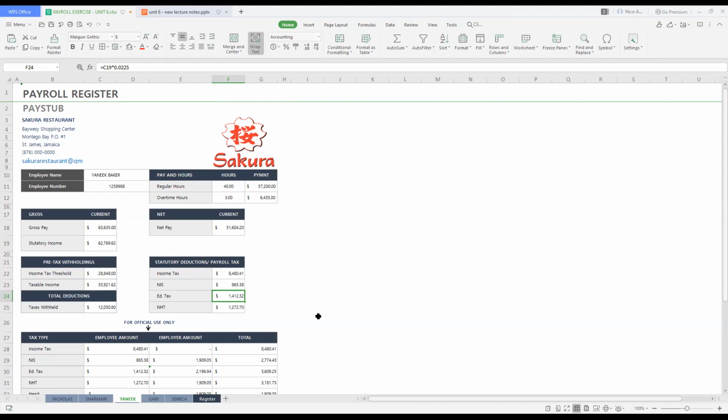$1,412.32. We can find NHT, which is 2% of the gross pay. So it's 2% of $63,635, and that gives you $1,272.70. We now want to find what the income tax is. Remember, we found the statutory income of $62,769.62. We already worked out the minimum wage threshold for the week, and that's $28,848.